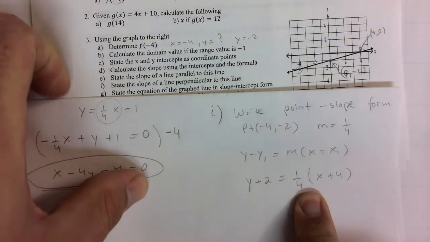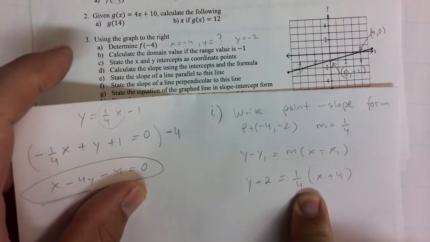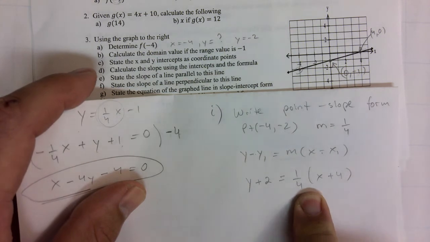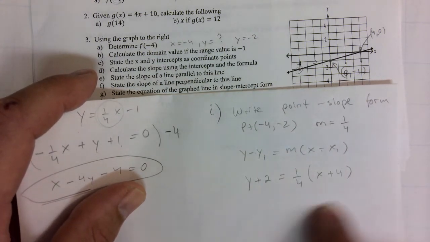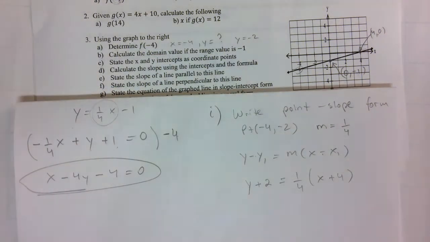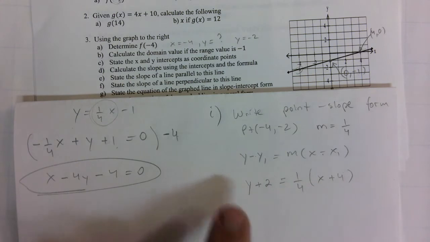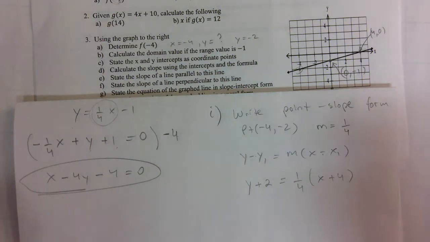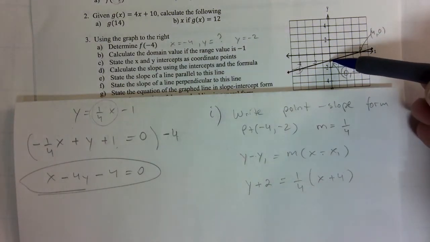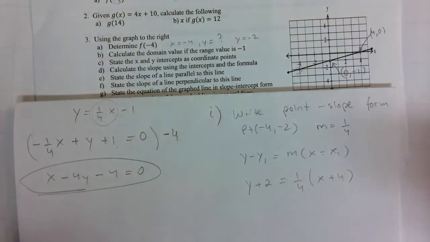You could rewrite that into general form, or you could rewrite that into slope intercept, right? This is the best one to get you started, and then go in either direction. You happen to know exactly what the y-intercept is, so it's easy to also write the y-intercept form just by looking at the equation.